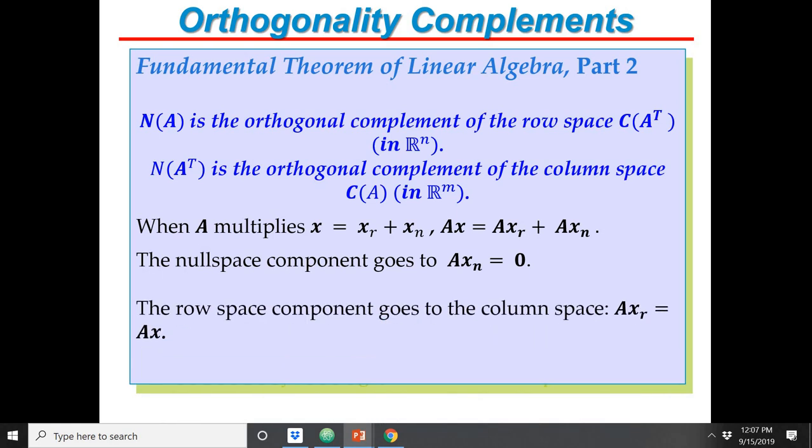Okay, so immediately you see that this row space component of x, this xr, when you multiply it by A, goes directly into the column space.